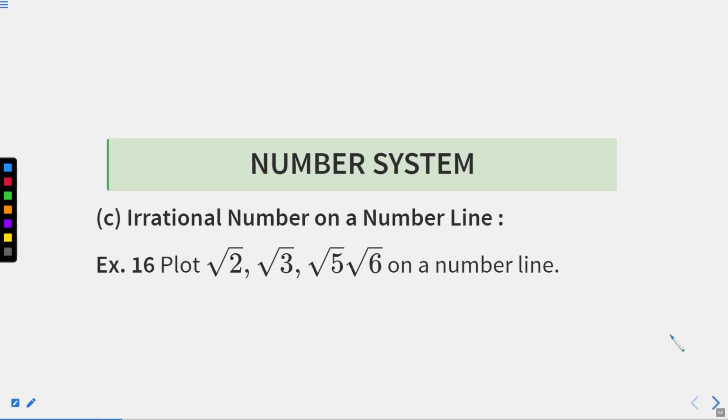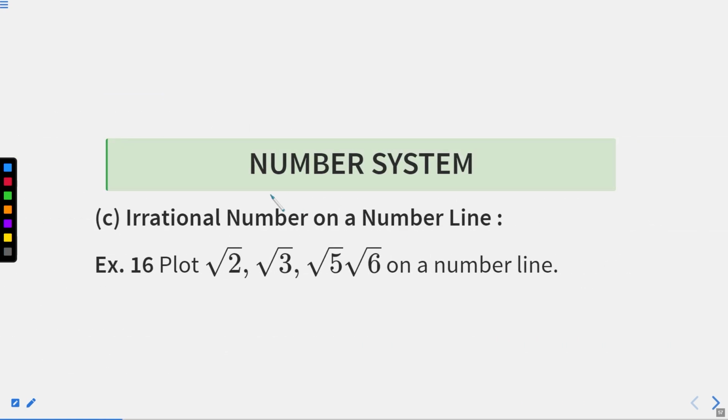Let's move on to the question of how we are going to represent or plot irrational numbers on the number line. It is quite simple. First, let's plot root 2, root 3, root 5, root 6 and so on. Let's start with root 2. First, draw a Cartesian plane or the rectangular coordinate system.